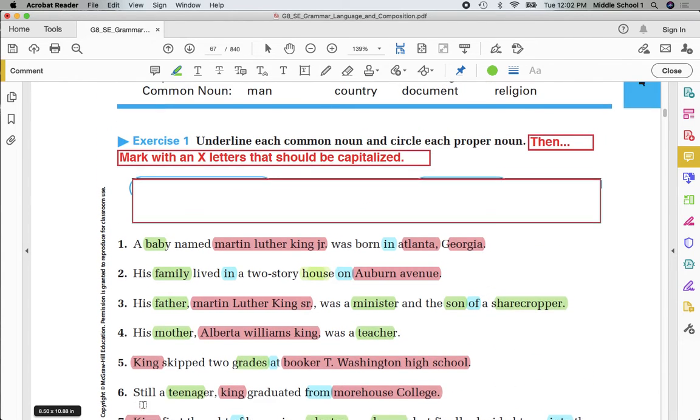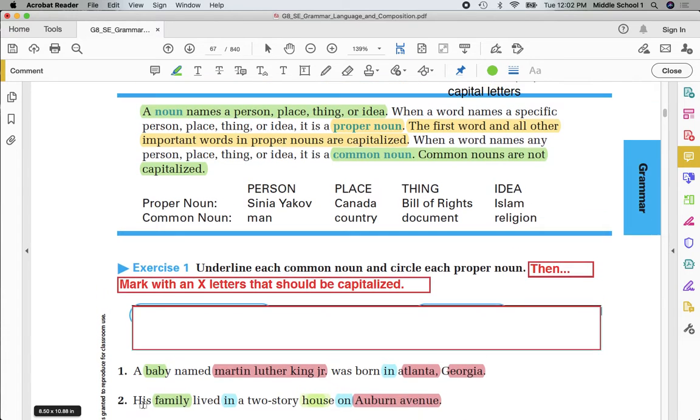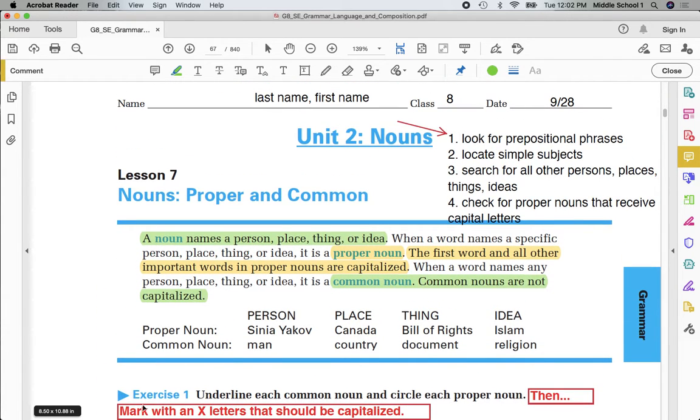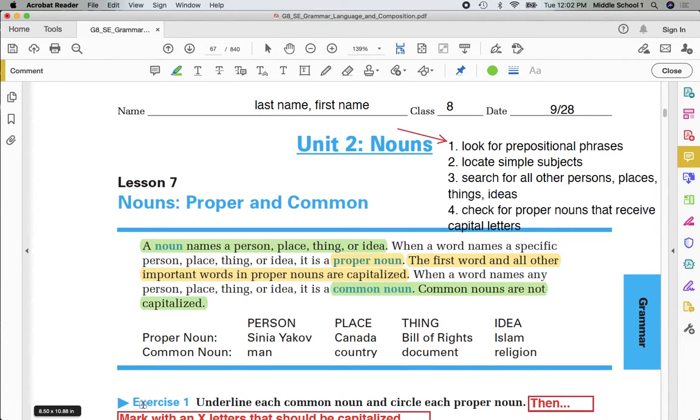Okay, 8th grade, my takeaway for today is I have two main kinds of nouns. They are called common nouns and proper nouns. They both name persons, places, things, or ideas, but the proper nouns name specific persons, places, things, or ideas. Be reminded that sometimes they can be more than one word, especially if it's the name of a person or a building.